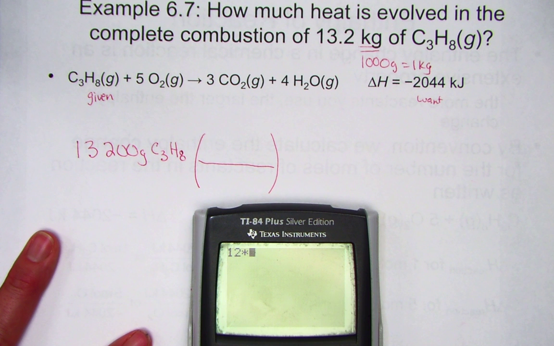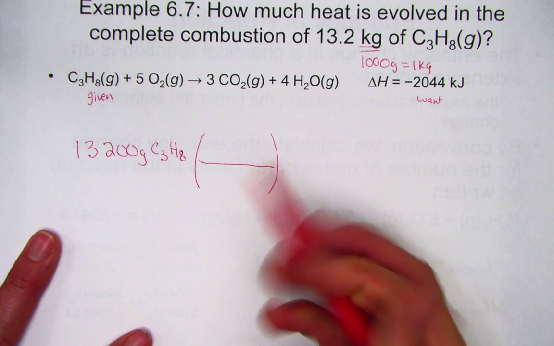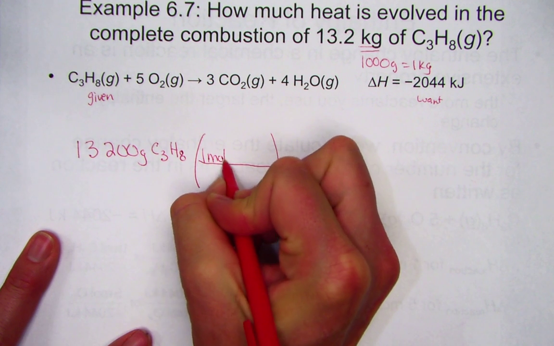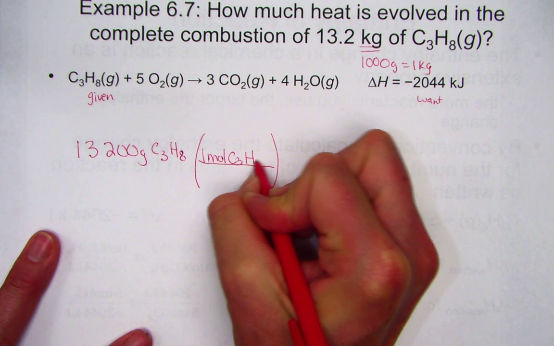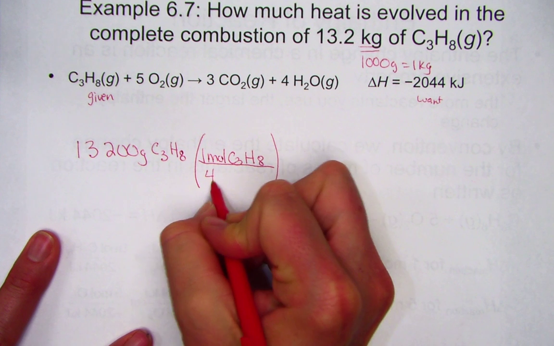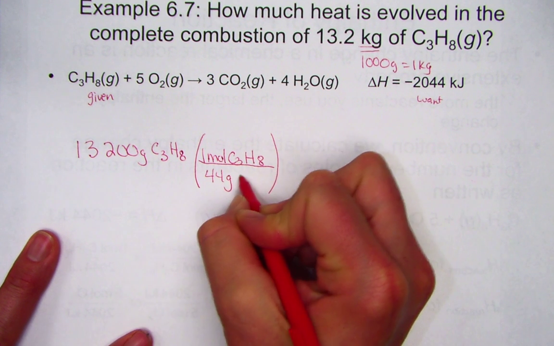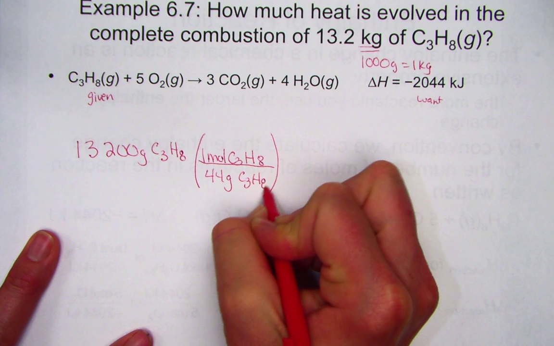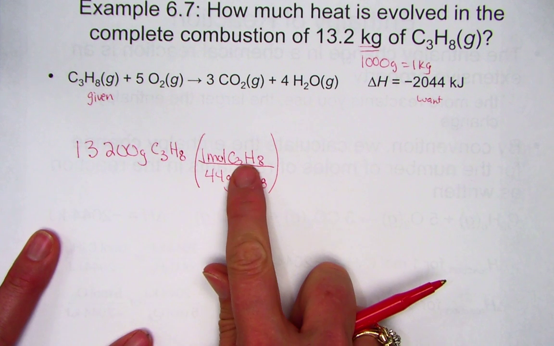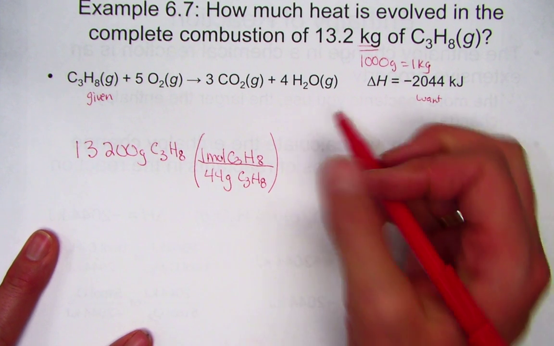Carbon with a weight of 12, and I see 3 of them in the formula, so 12 times 3, plus hydrogen, who has a weight of 1, but there's 8 of them all together in our formula. The molar mass of propane molecule is 44. That tells us that every 1 mole of our propane, C3H8, would weigh 44 grams. The gram units cancel and it brings us into the mole.